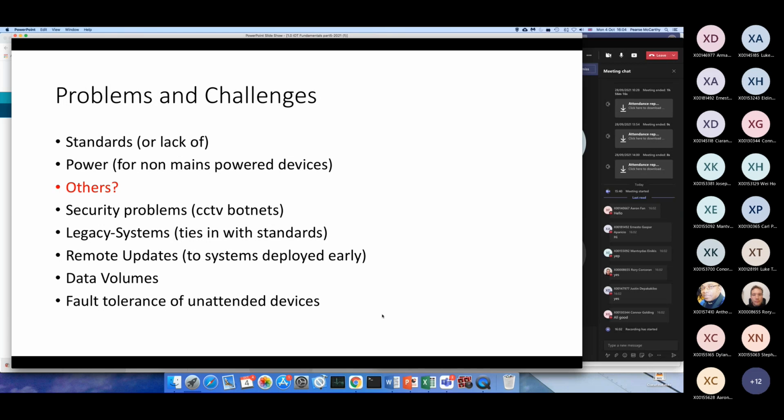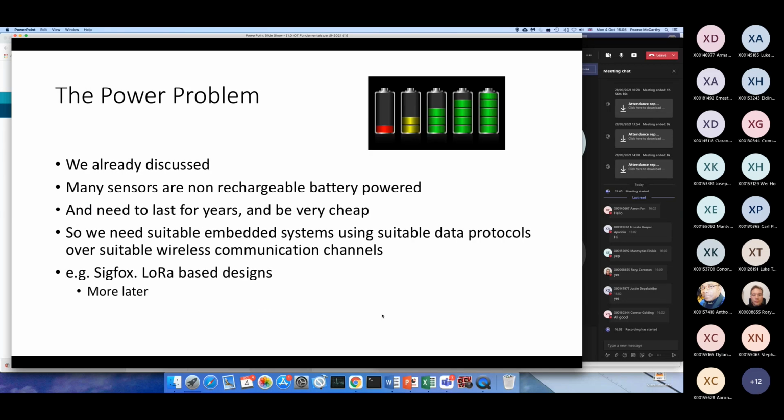If you ever get into this area, designing products for it, you need to be aware of these issues because they are going to cause problems and they are challenges you have to overcome. So the power problem, as I say, we already discussed more than briefly. Many sensors are non-rechargeable, need to last for years, typically 5 to 10 years, and be very cheap.